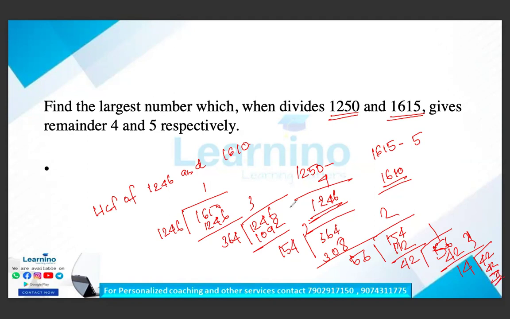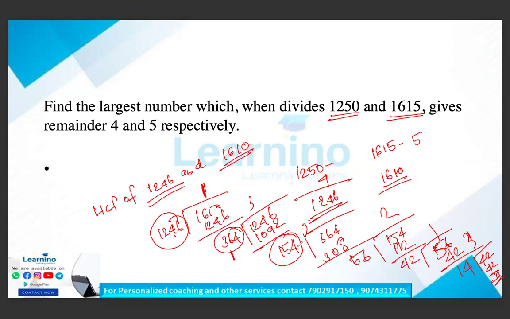Here we are taking the division method to find the HCF of these two numbers. We want HCF of 1246 and 1610. So 1610 divided by 1246, we will get 364 as the remainder. This remainder is divided with the divisor 1246. We will get 1092 and 154 is the remainder.